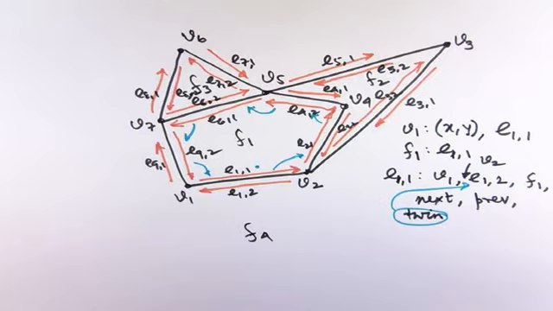Let's say F1. At any point, a face has an edge, and the twin of that edge is the edge of an adjacent face.